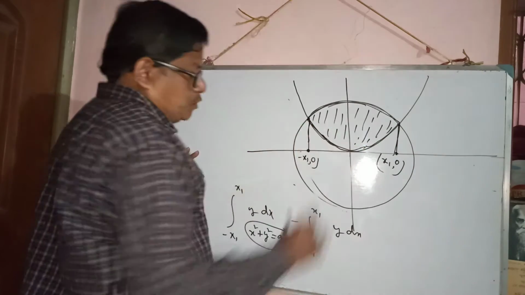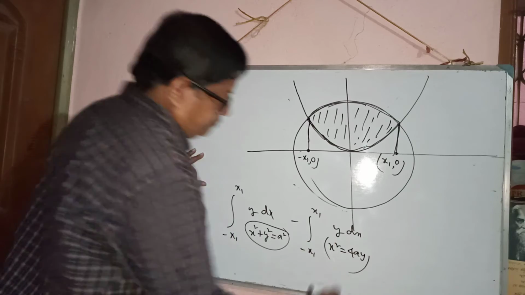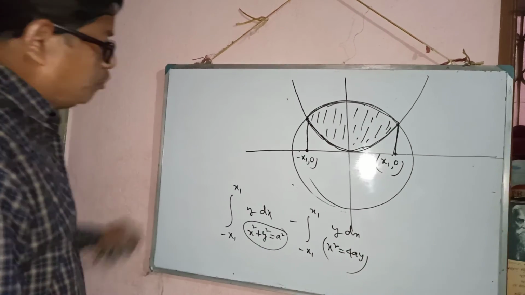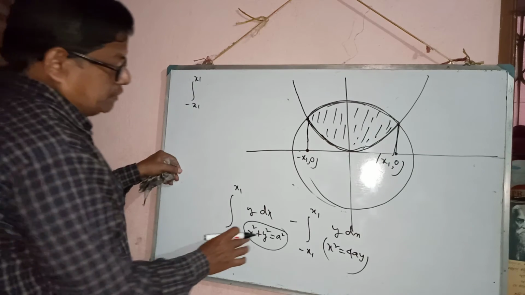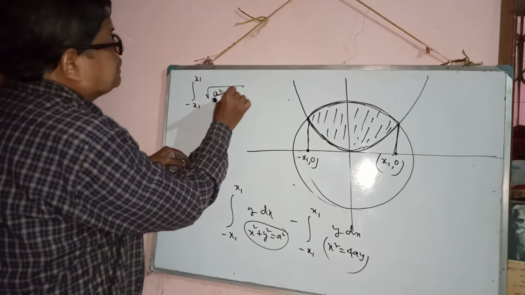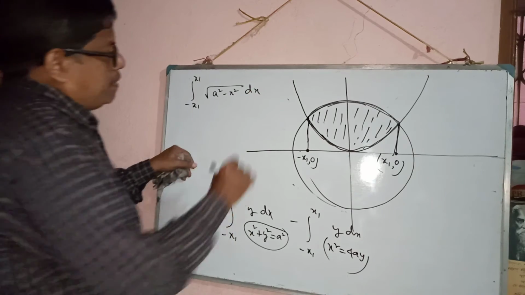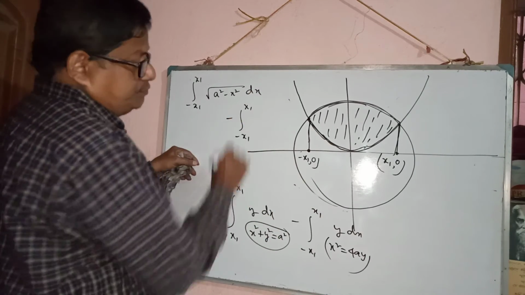Okay. So here x square is equal to 4ay. Now from here y equal to, all of you know, minus x1 to x1, root under a square minus x square dx, minus, here minus x1 to x1.